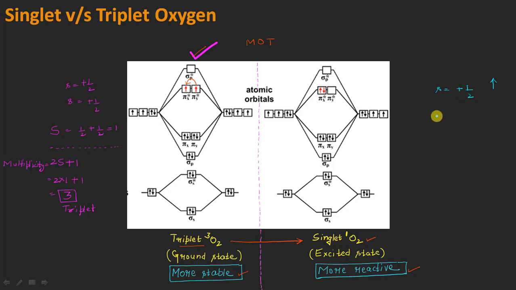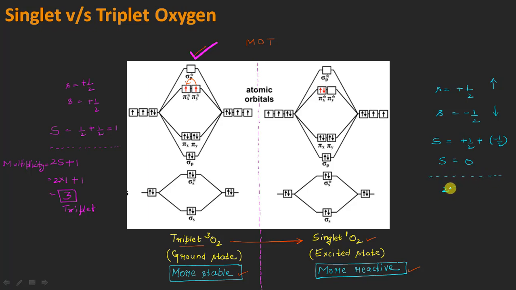The value of small s for the second electron, which is in the anti-clockwise direction, will be minus half. So the resultant spin quantum number will be plus half plus minus half, which gives the value of capital S equals 0.